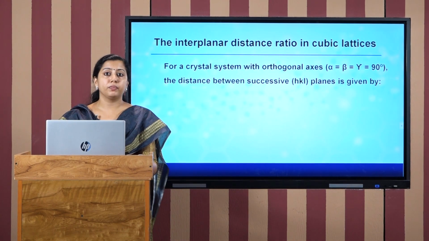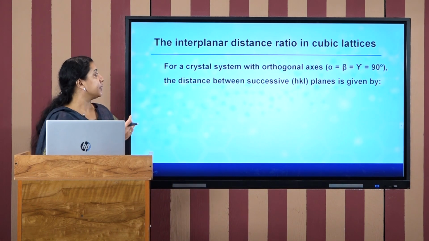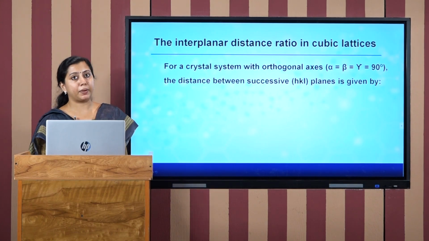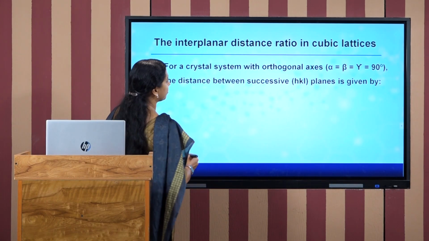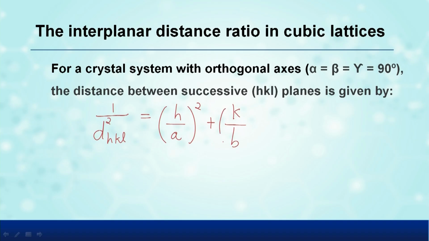For a crystal system with orthogonal axes, that is alpha equals beta equals gamma equals 90 degrees, the distance between the successive hkl planes is given by 1 by d square, with a subscript, d hkl square, is equal to h by a the whole square plus k by b the whole square plus l by c the whole square.